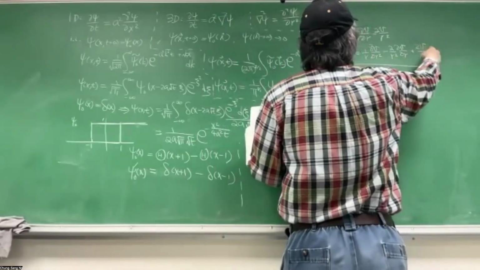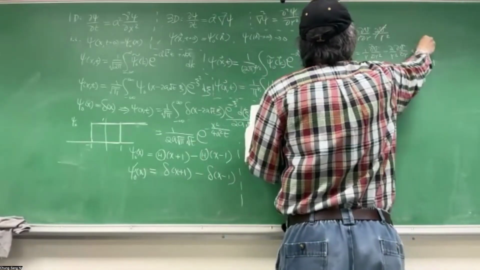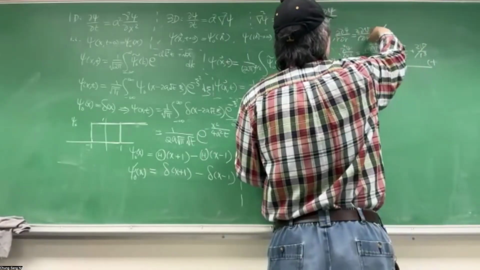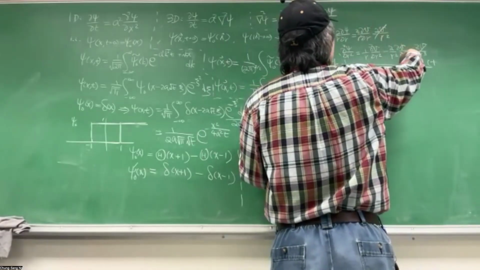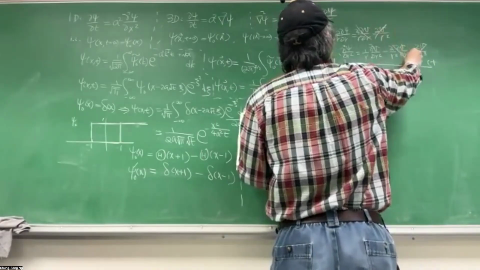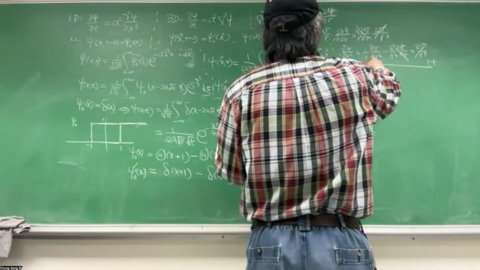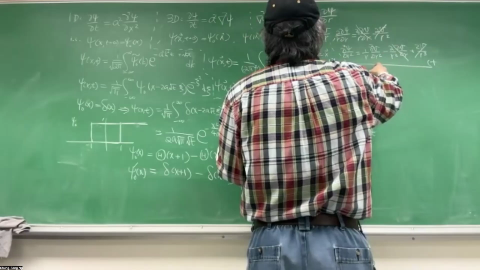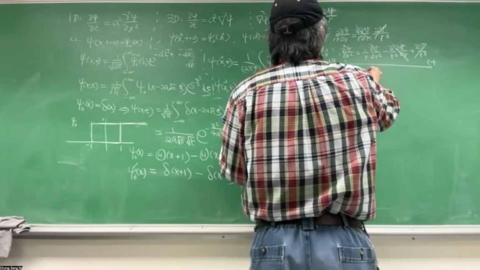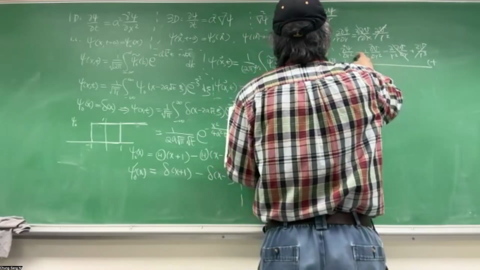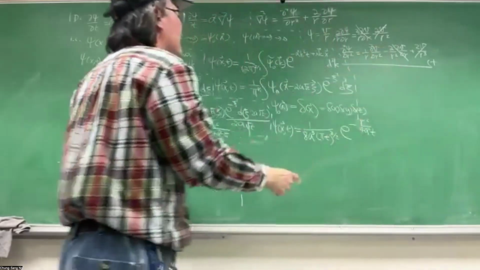This one cancels with this one, and this one cancels with this one. All together, the Laplacian is just 1 over R times the Laplacian of v, partial squared v partial R squared.